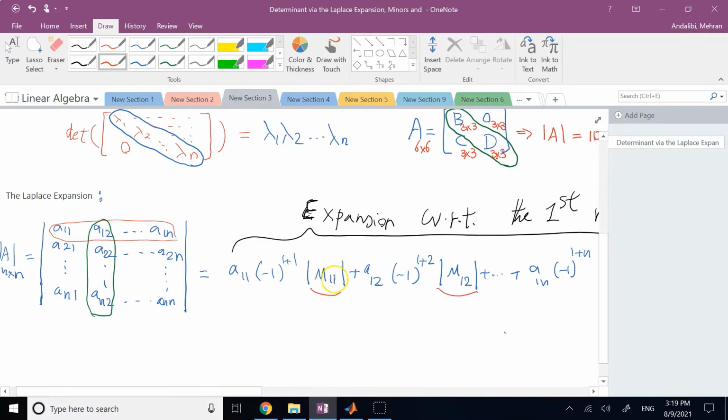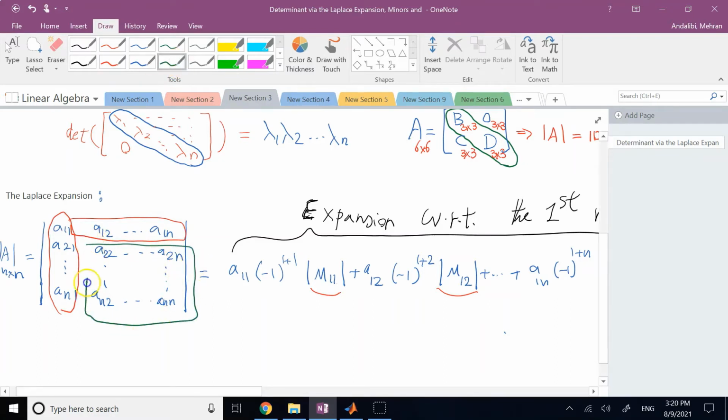So minor is not a submatrix, because M11 means the same as A, except the first row and the first column eliminated, okay? So what does M11 mean? Means, again, take the first row and the first column out. So you're going to get a smaller matrix, this guy here. And this matrix is going to be n minus 1 times n minus 1.